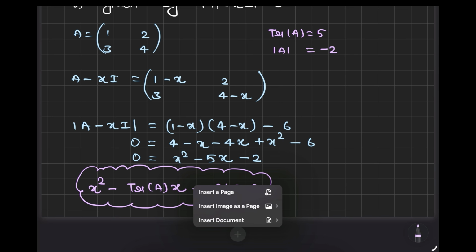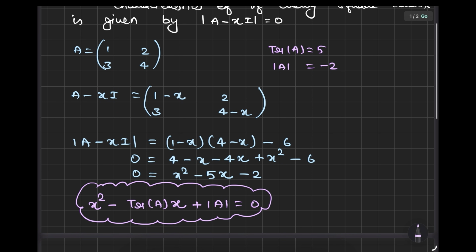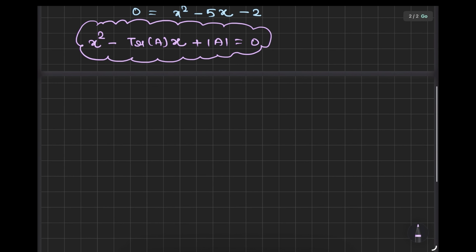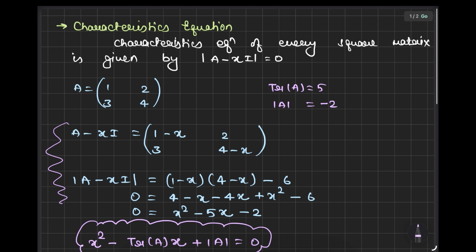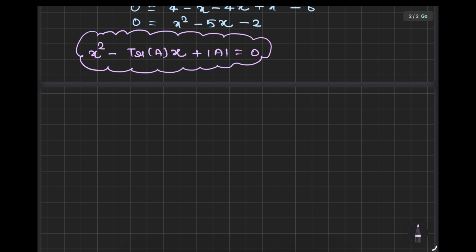Suppose that you may require this idea as well. In the syllabus we have 2 cross 2 and 3 cross 3. So suppose you are getting a 3 cross 3 matrix. So again if you apply this, you will get your things done. You will have a cubic equation, but I would like to suggest you guys memorize this. So x cube, and here if you observe, I will try to connect the dots.